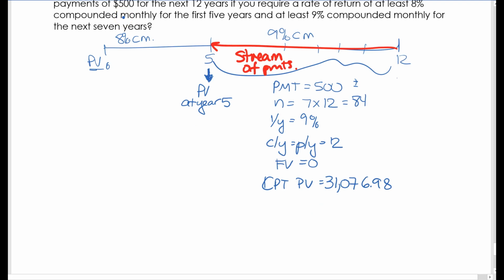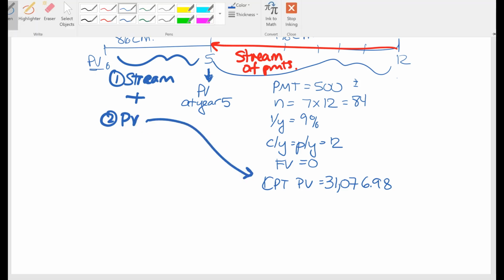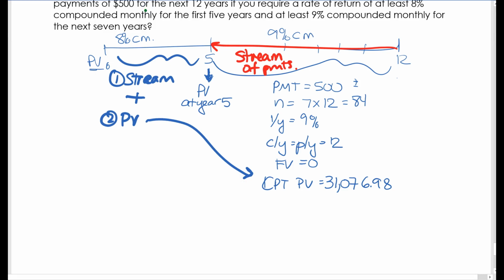Now we have to find the present value of the first payment stream, plus the present value of this $31,076. So we have two different things. You can use the formulas: the present value of the $31,076.98 plus the present value of that payment stream, or we can just use our calculator.